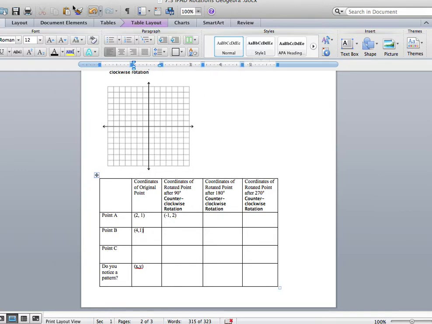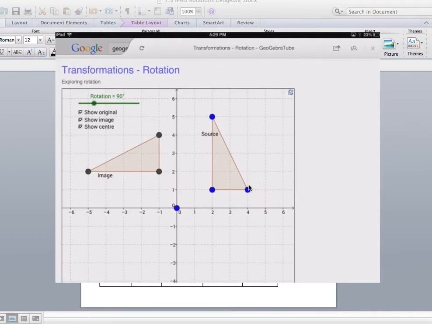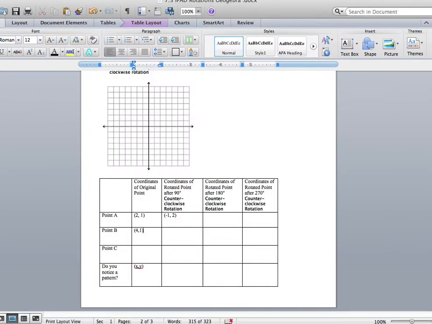Okay, and then its rotation, 4, 1, it's rotated to right here, which is negative 1, 4. Okay, so negative 1, 4.